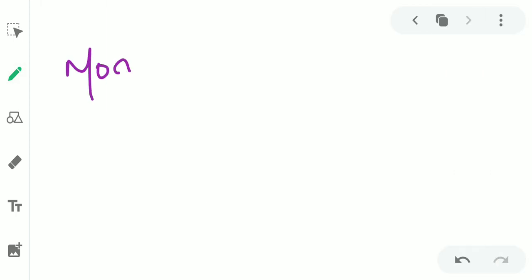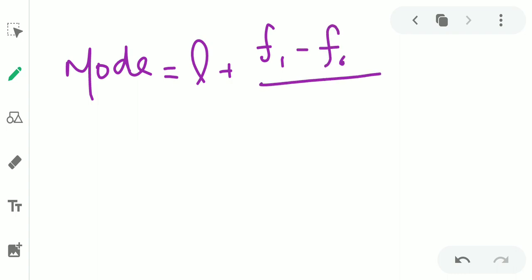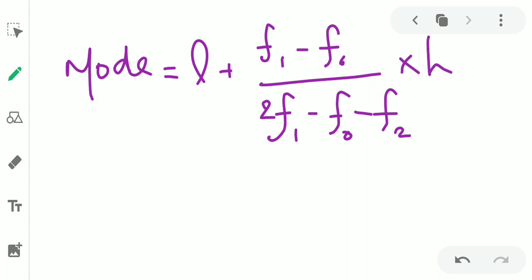So mode equals L plus F1 minus F0 divided by 2F1 minus F0 minus F2, into H. Okay, so this is the formula we are going to use now.